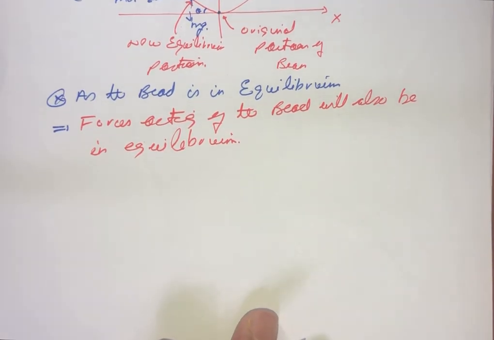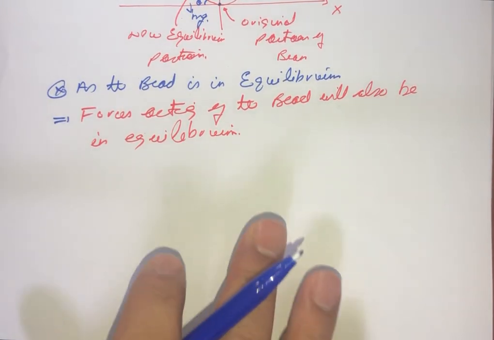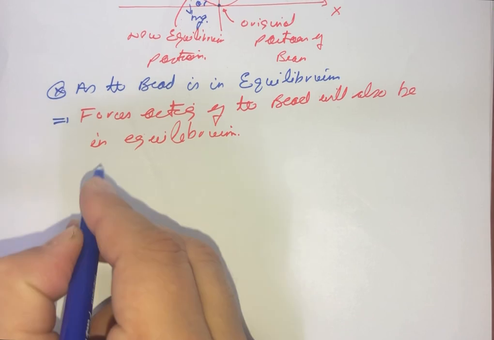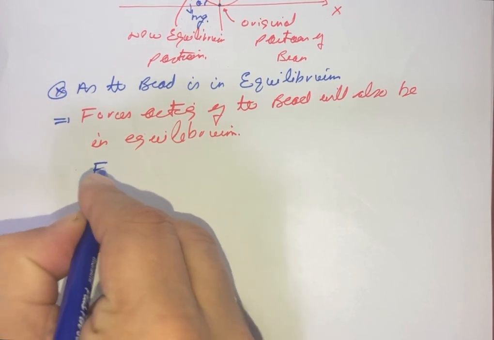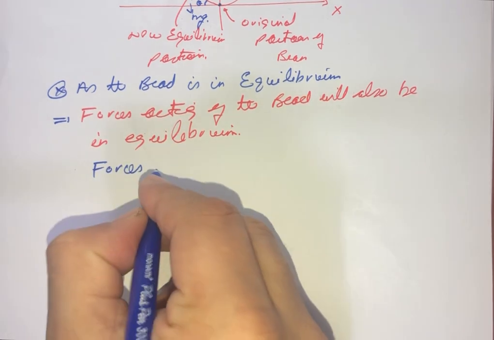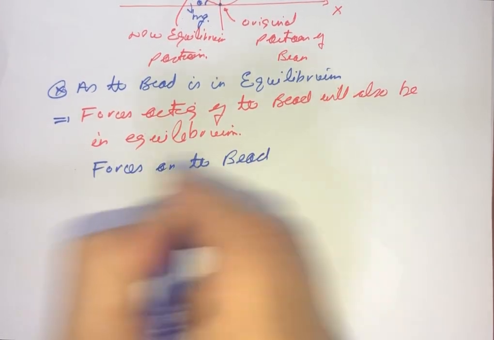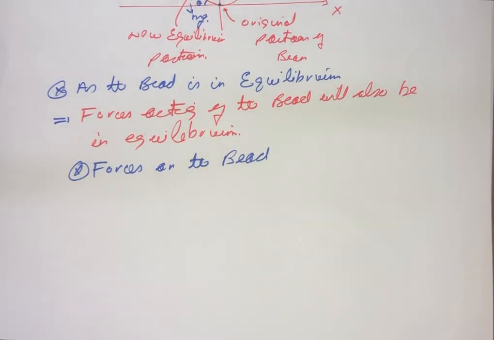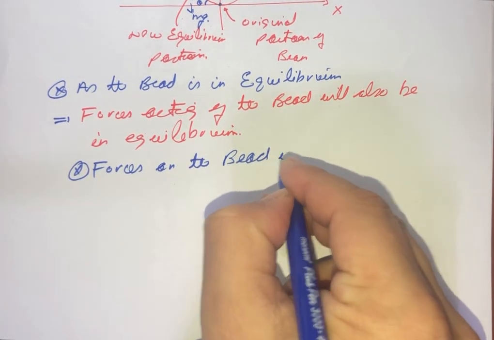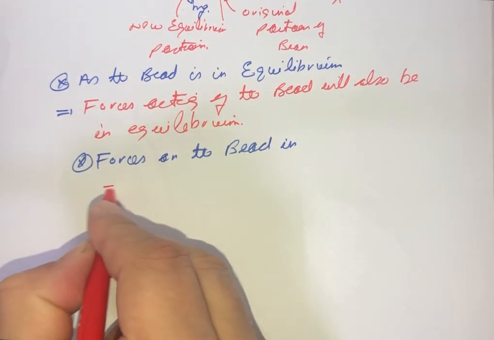So let us balance the vertical forces and the horizontal forces. From here we can say, forces on the bead in the horizontal direction.